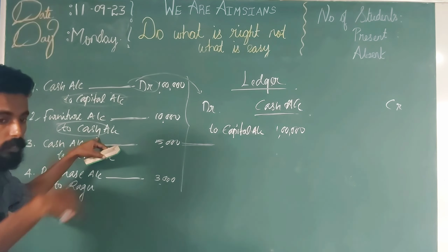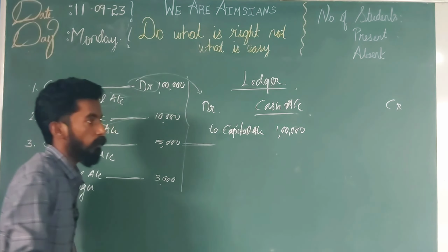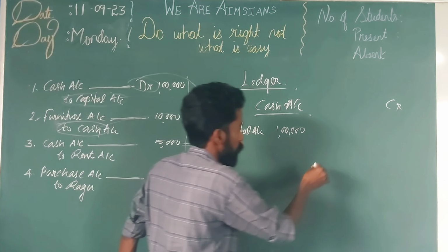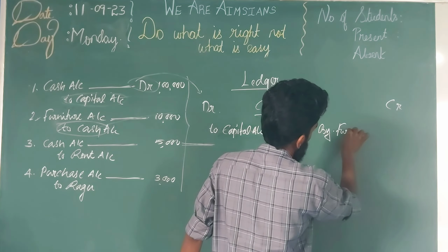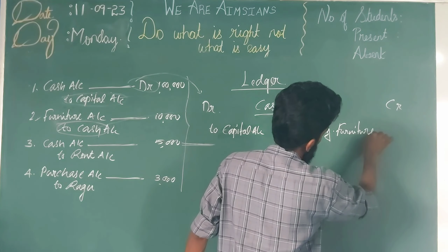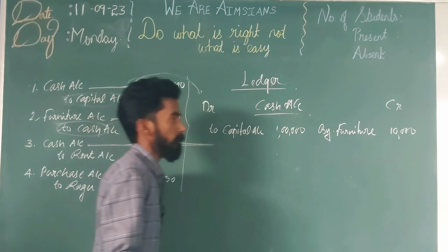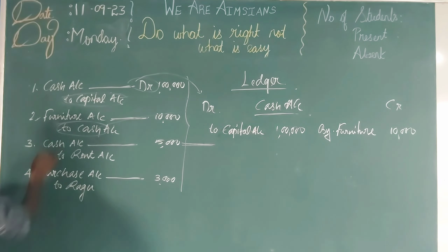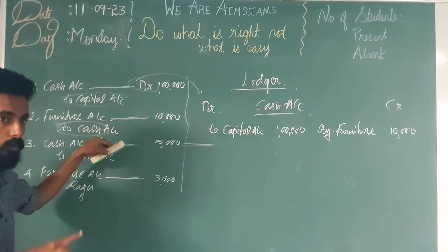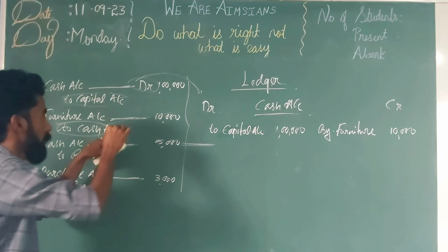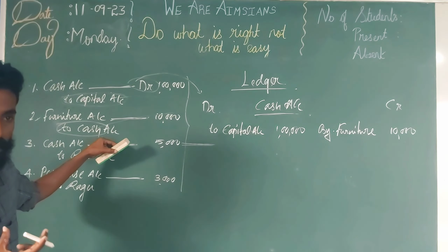Credited. So we need to go to the credit side of the cash account. What do we need to write? By furniture. The amount is 10,000. Clear? Because the journal entry is furniture account debited to cash account, you have to go to the credit side of the cash account, because we have already credited it.